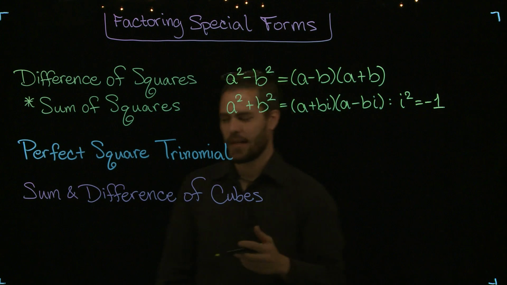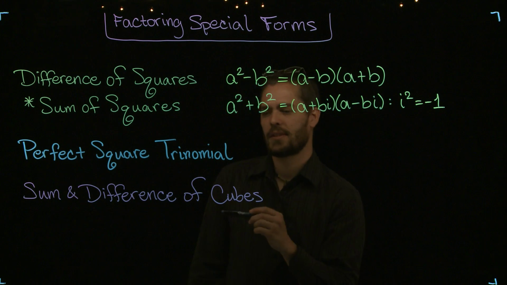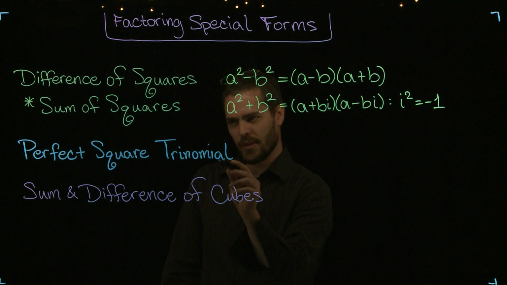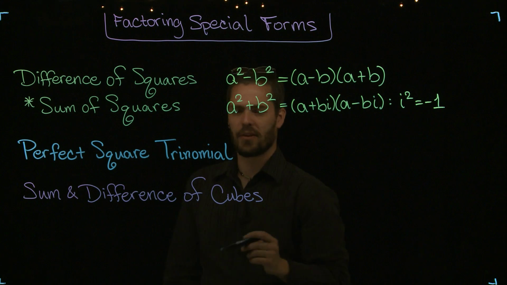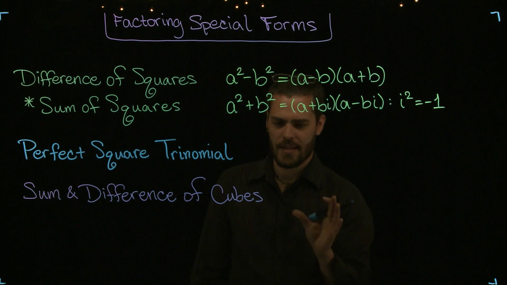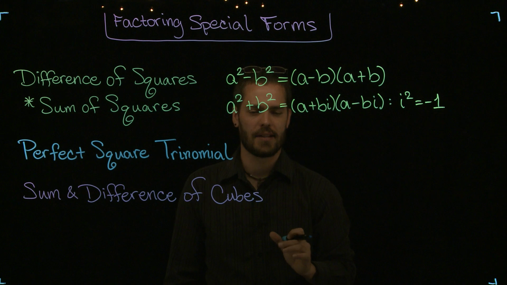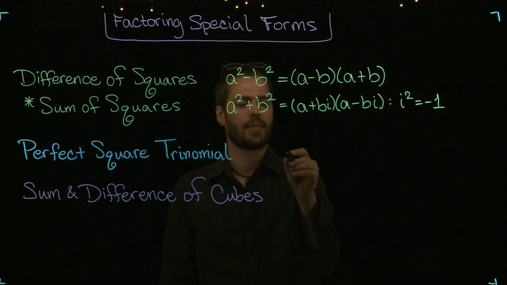times a minus bi. The perfect square trinomial is really a trinomial that factors to a perfect square. And there are two cases of this, and I'm going to write down both cases in one line and explain how I'm writing it down. So first, let me start with the trinomial.